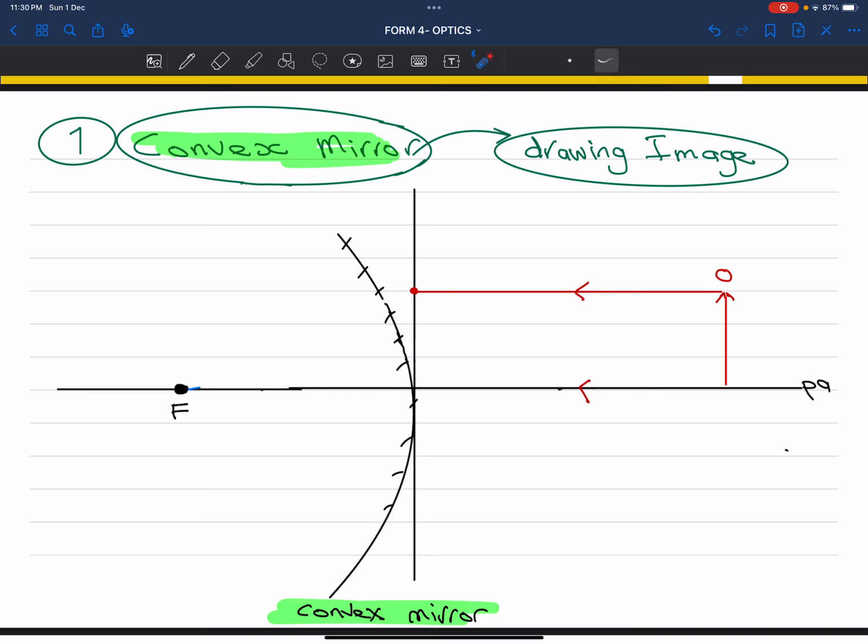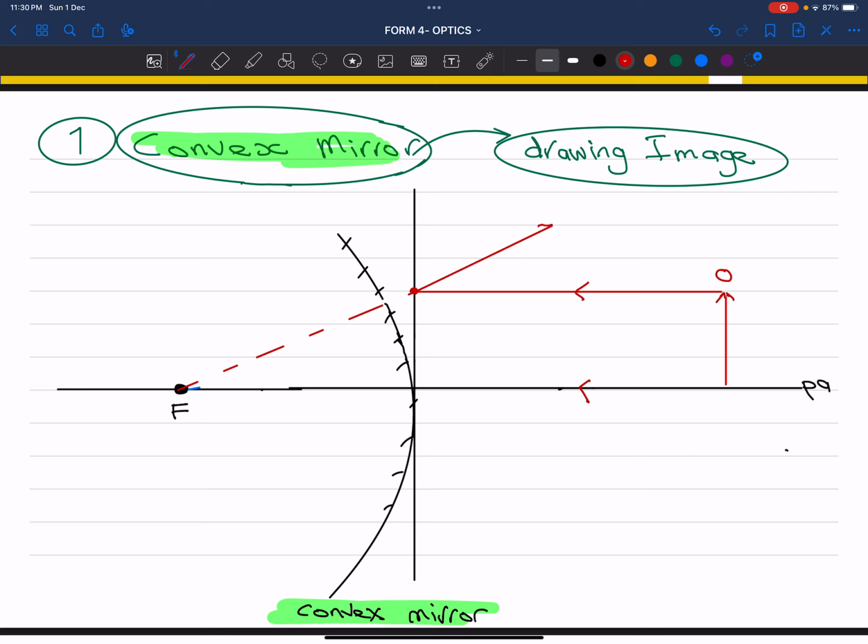So how are we going to do this? We go to the point F, draw a line until the point on the vertical line. And this line must be broken. Then you just continue with a straight line using your ruler.